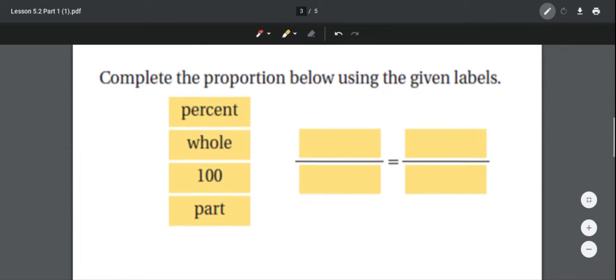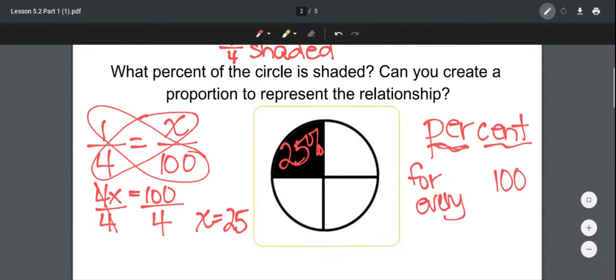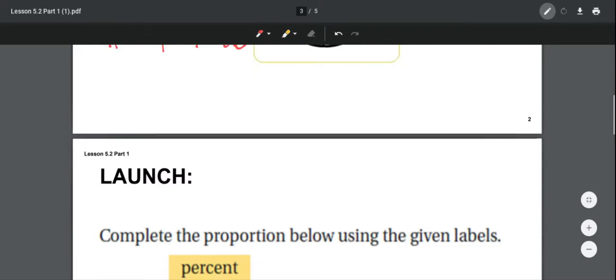Let's launch our lesson. Let's complete this proportion by using the given labels. In the previous problem, we saw that a part, the number 1, out of the whole, the number 4, equaled the percent x over 100.